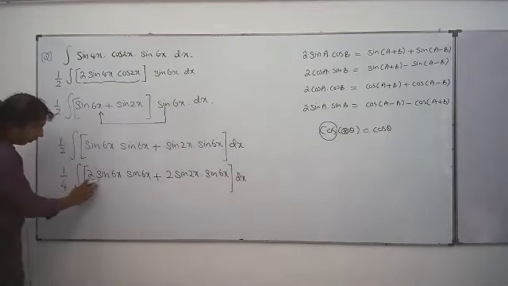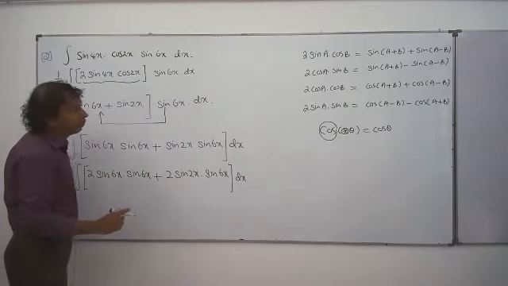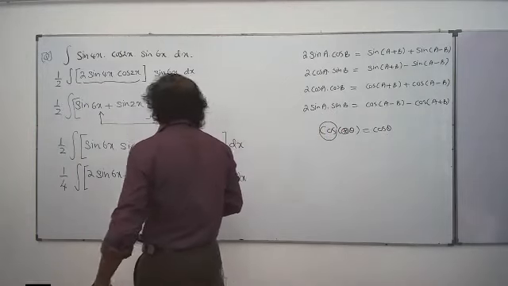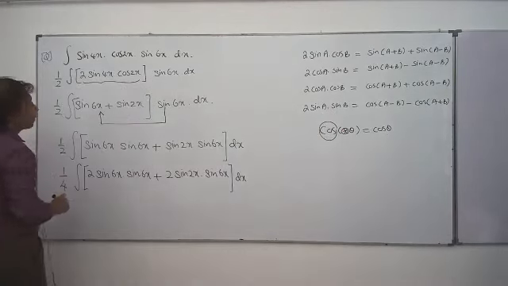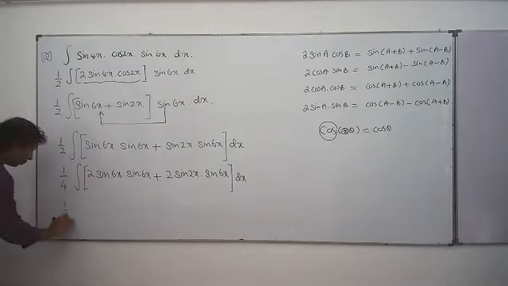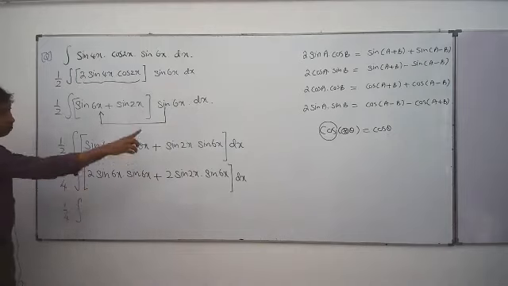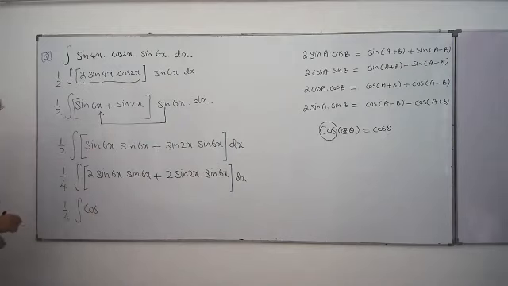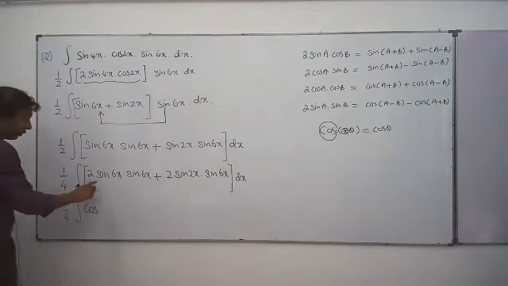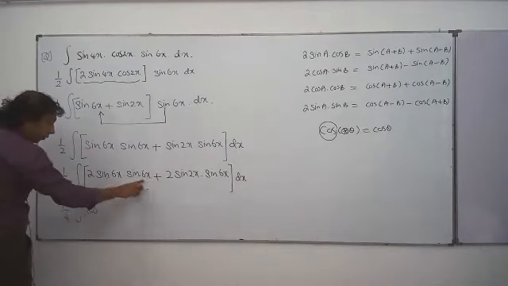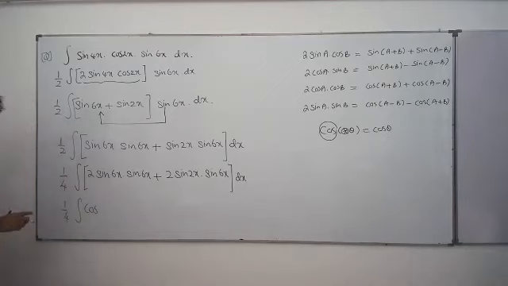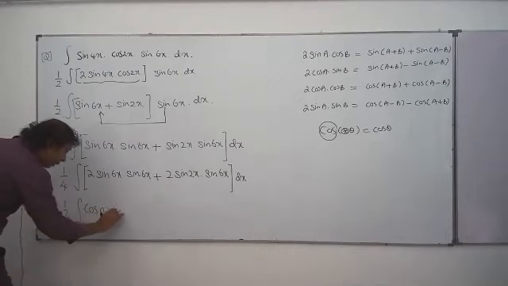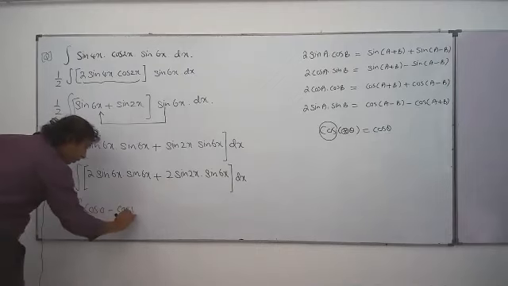Now again you can apply 2 sine A sine B, here and here. Then we get, 2 sine A sine B is cos A minus B, minus cos A plus B. A and B both being the same. Then we get 6x minus 6x is 0, minus cos A plus B, 12x.